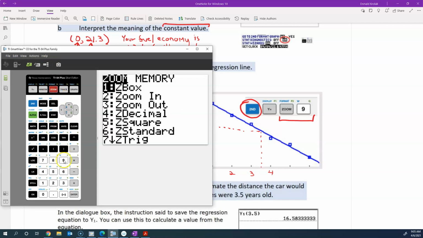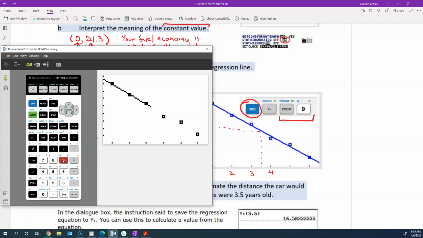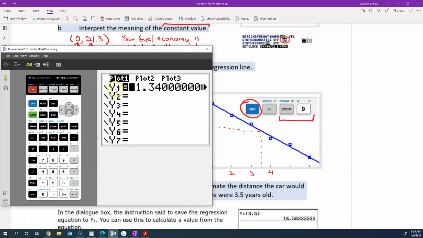It should graph your scatter plot, and the line that it just graphed is your equation. Your equation is in Y1. You can't see all of it because the numbers are really long, but if you scroll over, there's the rest of the equation.